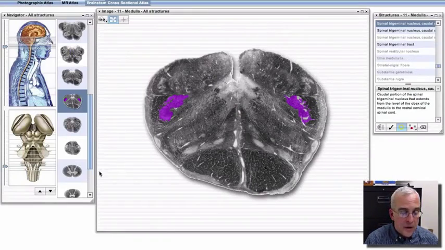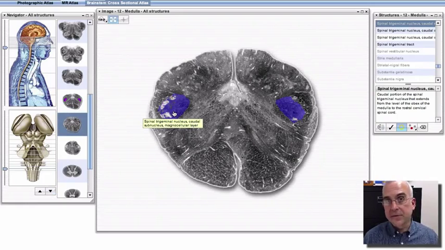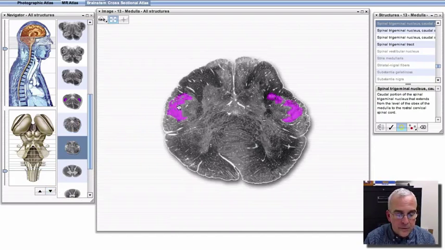As we go through the brainstem, at least in Sylvius, we use anatomical convention to recognize different subdivisions of this spinal trigeminal nucleus. There are really multiple subdivisions that have different functions in the sensations of pain and temperature derived from the face and the oral cavity. We won't get into all of that now, but I'll just point out that that's why we see these various divisions in Sylvius here.